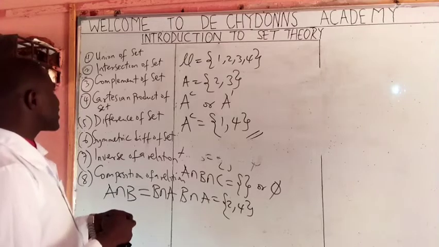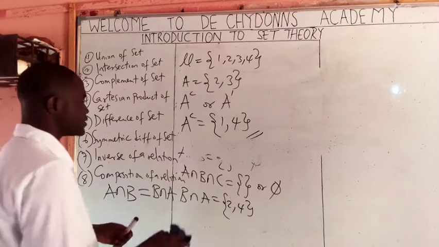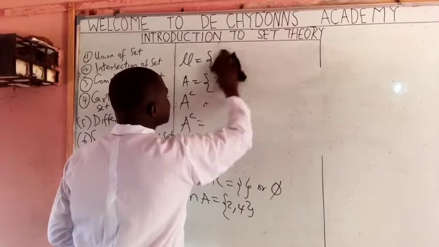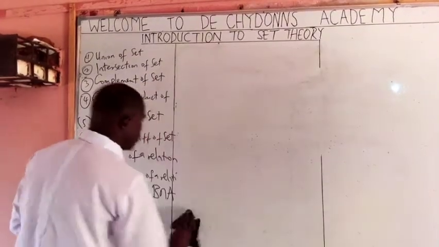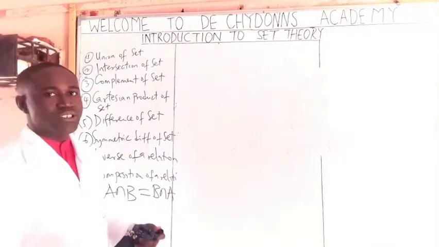We go to Cartesian product of sets. What do we mean by Cartesian product of sets?